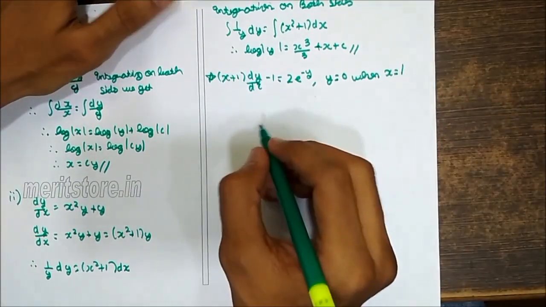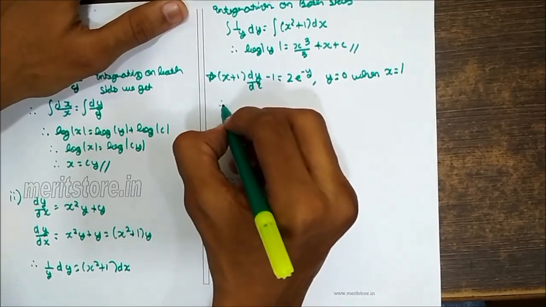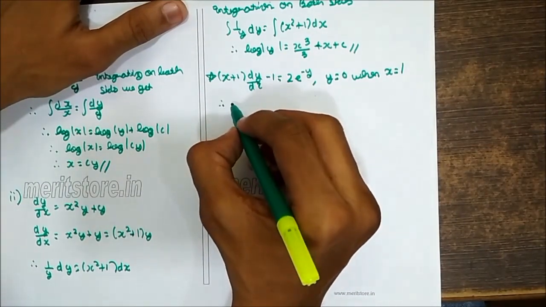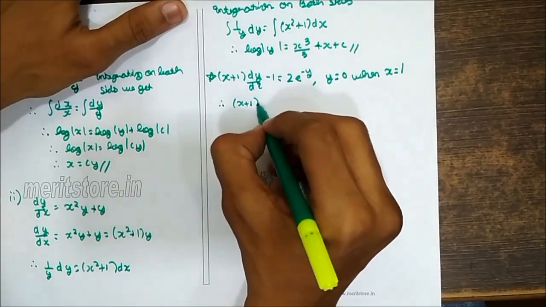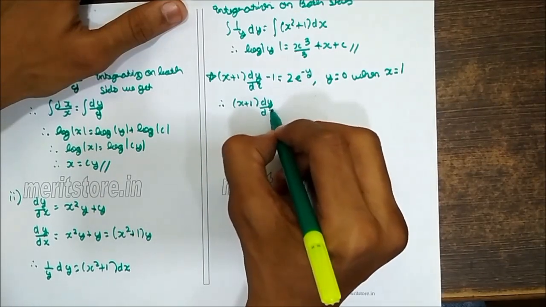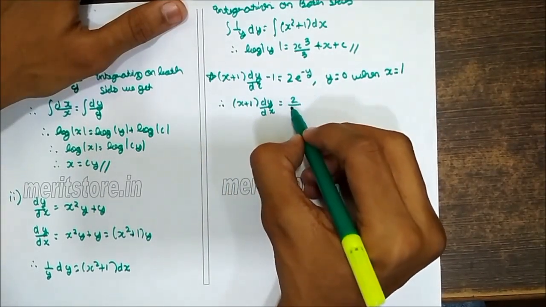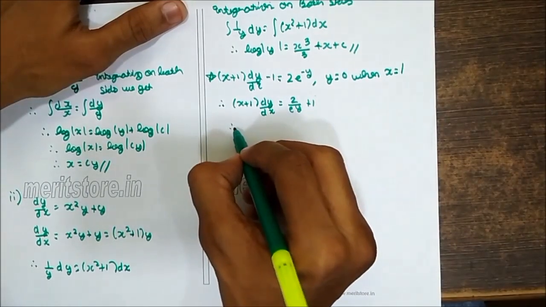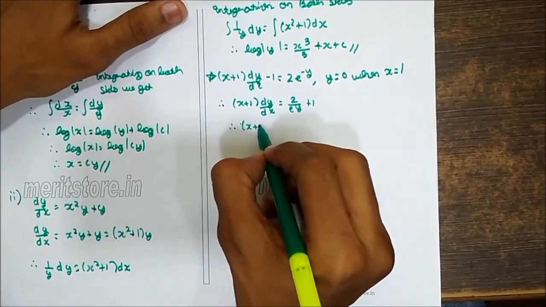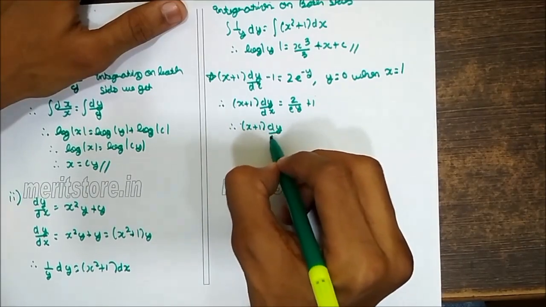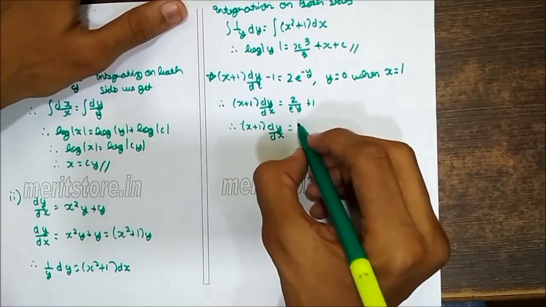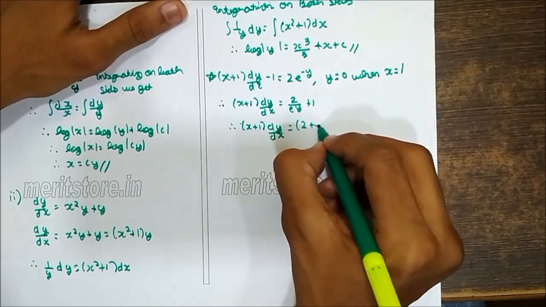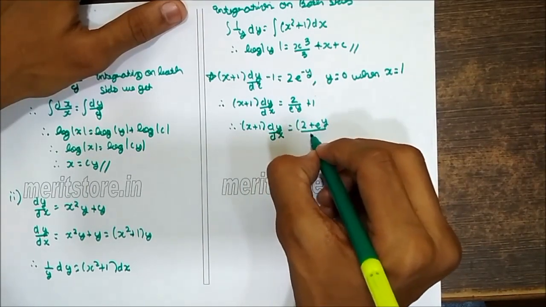Okay, so let's start. Therefore (x plus 1) dy by dx is equal to 2 upon e raised to y, plus 1. Therefore (x plus 1) dy by dx is equal to (2 plus e raised to y) upon e raised to y.